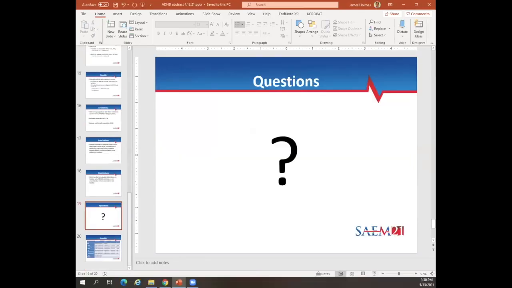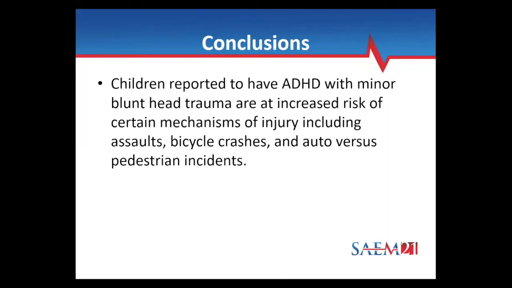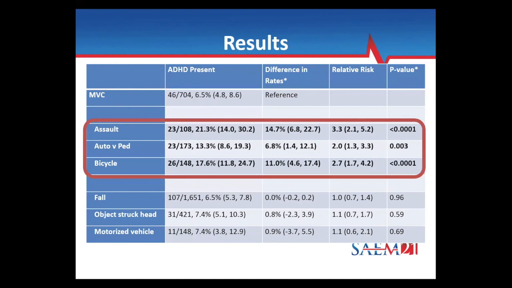Dr. Holmes, I thought that was an interesting talk, and it's not an association I was aware of previously at all, so I thought that was just a fascinating thing to learn about. If you go back to your conclusion slide, I think you said it was auto versus pedestrian, bicycle, and then assault were the three that showed a difference.